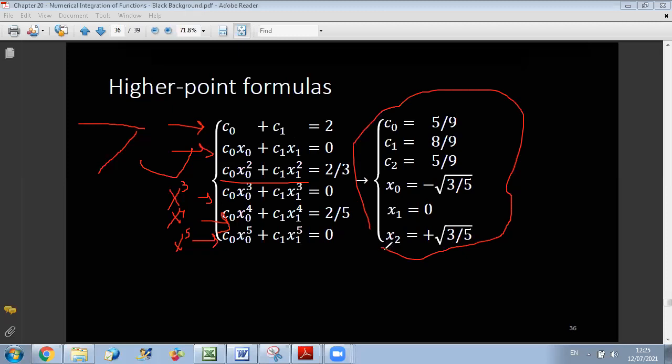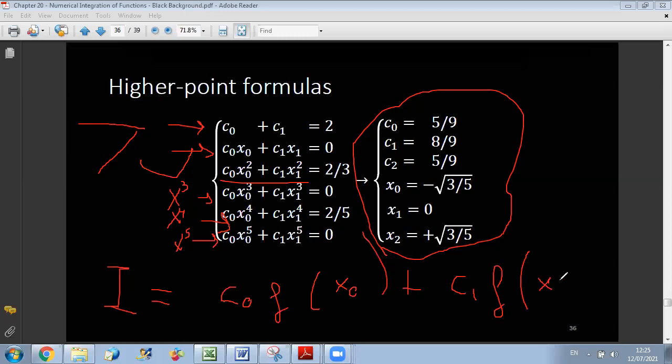What does this mean? This means that if I want to compute the integral using this 3-point Gauss quadrature technique, I should write the integral as C0 f(x0) plus C1 f(x1) plus C2 f(x2). Since I solved my system, I optimized the location of my points to get a better approximation for the integral. Then all I have to do is replace. What is C0 here?